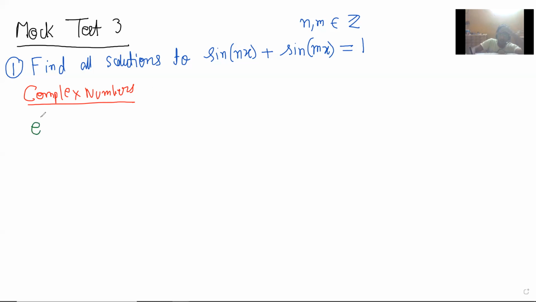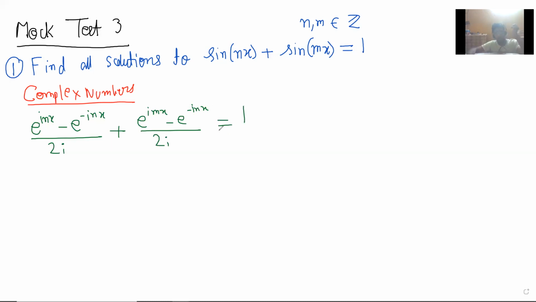Okay, so you're saying e to the power i n x, minus. And m also I have written it. Yes.